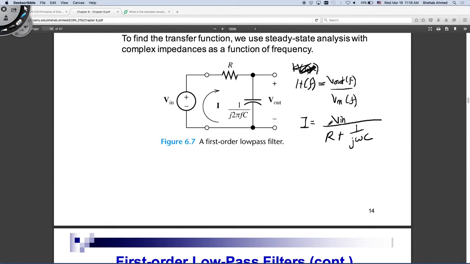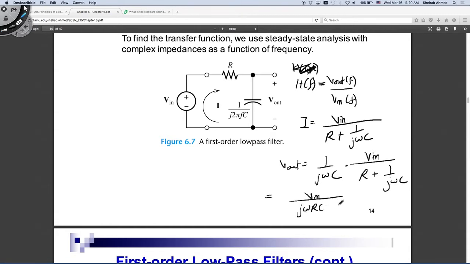Right? So this is the current. How about the voltage at the output? It will be this current multiplied by the impedance. So I have V out is equal to 1 over j omega C multiplied by V in over R plus 1 over j omega C. So I end up with V in over j omega RC plus 1, right?